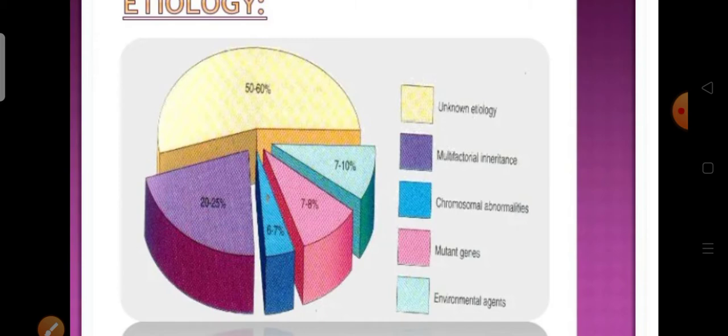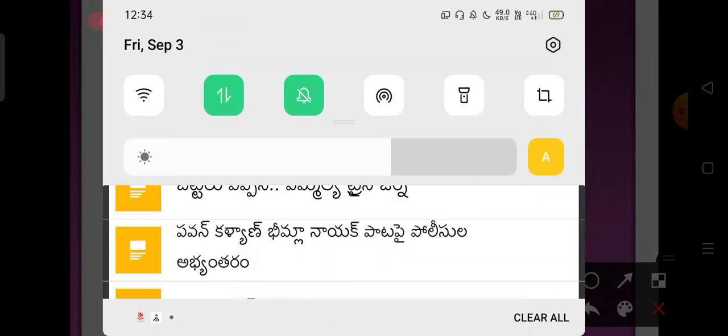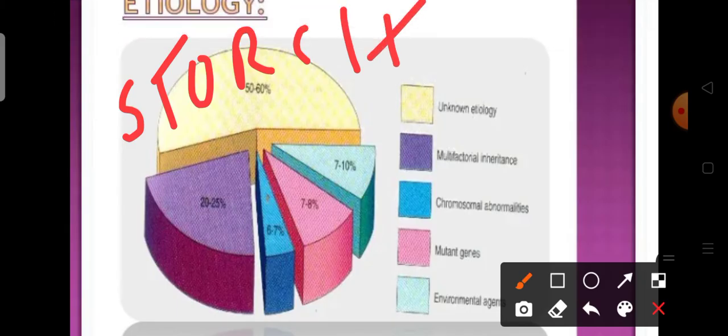Here the environmental agents means intrauterine problems. If the baby does not have an appropriate environment in the womb, if the mother is unable to provide a sufficient environment to the baby, for example if the mother has TORCH infections: T for toxoplasmosis, R for rubella, C for cytomegalovirus, and H for herpes virus.